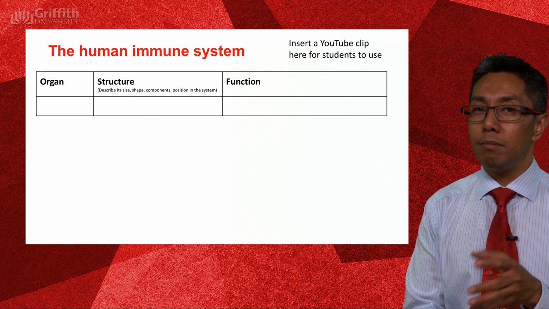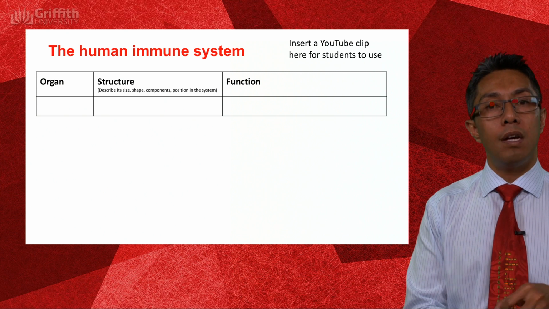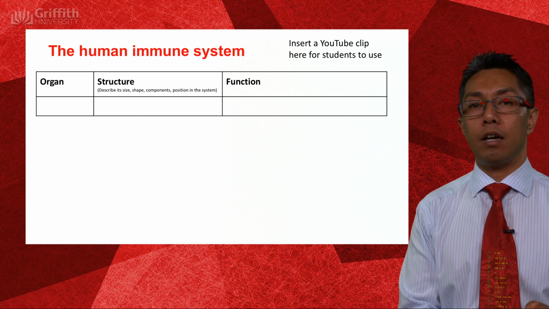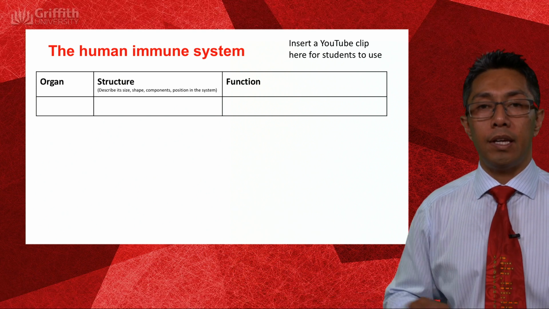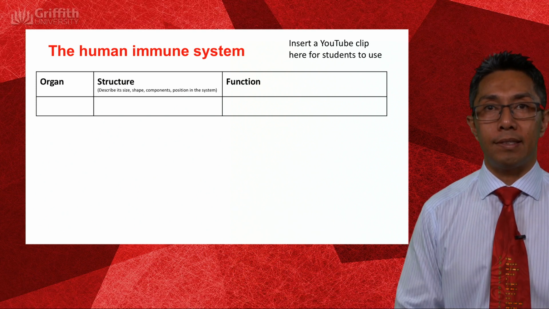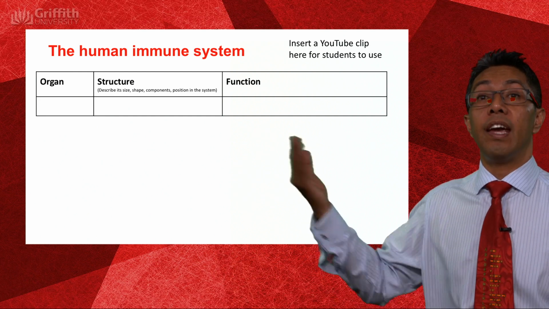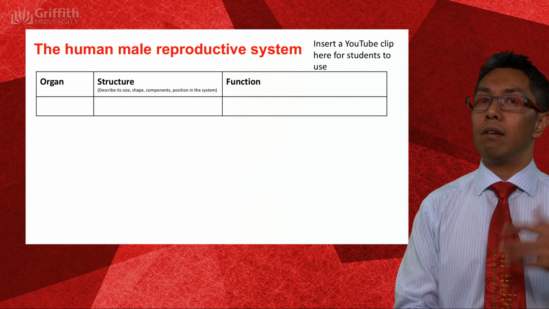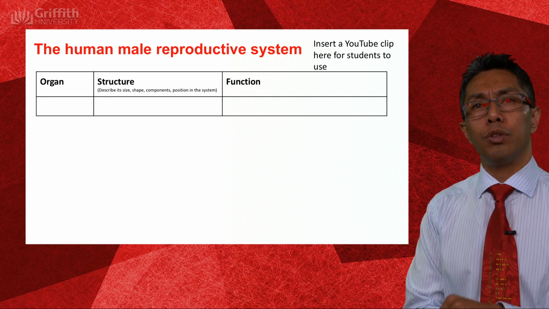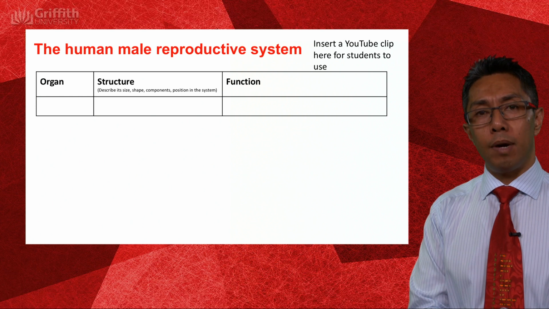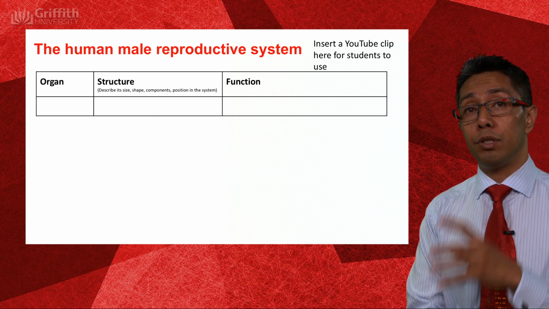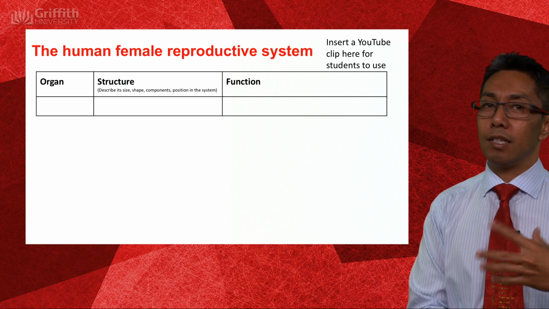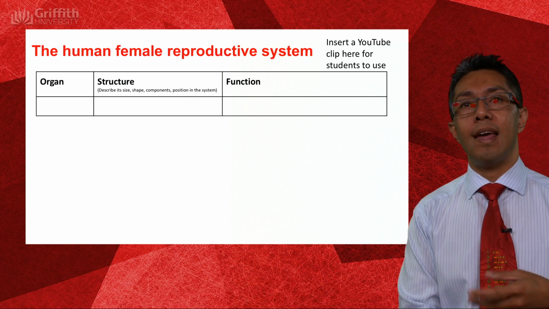Now the immune system is not done as often, but if you have extension students in your class and they are like, oh, sir, I'm all over the respiratory and digestive systems, can I have something harder? Then you might get them to do this one here, the human immune system. Then there are, I'm not sure that this one is done so much these days. There are some schools who will still do the male and the female reproductive systems. That's really just a school-based decision of whether that happens or not.